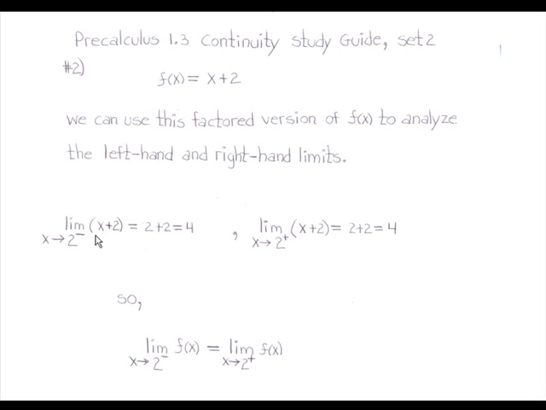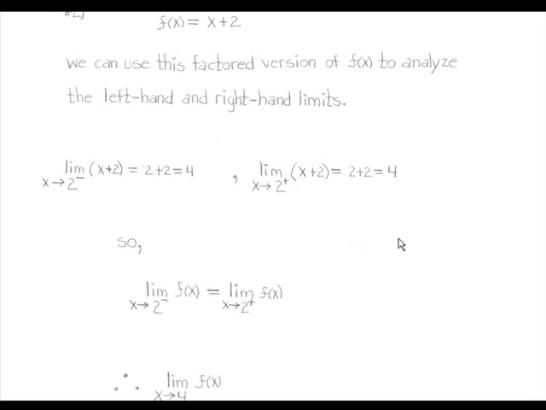So the limit of x plus 2 as x approaches 2 from the left is equal to 4. And the limit of x plus 2 as the values of x approach 2 from the right is equal to 4 as well.